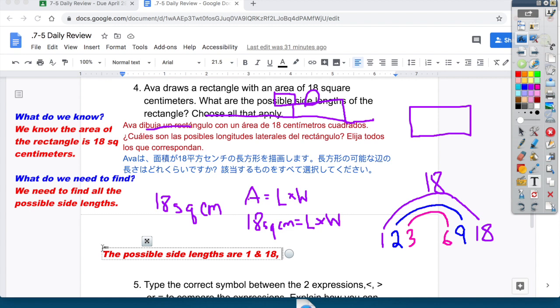You can even say 18 and 1. 2 and 9. 9 and 2. 3 and 6.